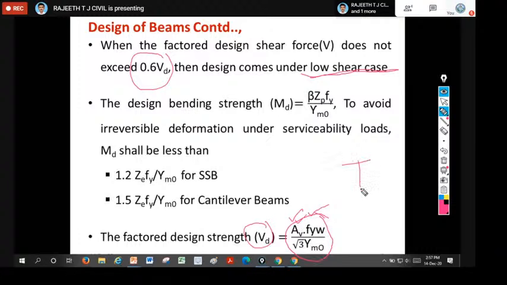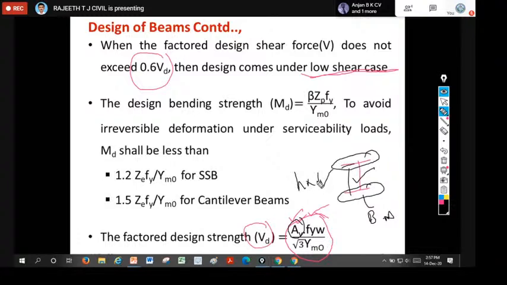In the case of an I section, the web portion takes care of shear, whereas the two flange portions take care of bending moment. Therefore, if your beam is an I section, your area will be H times TW, where H is the height of the web and TW is the thickness of the web. So VD equals the area of the web times the yield stress of the material divided by root 3 gamma m naught.